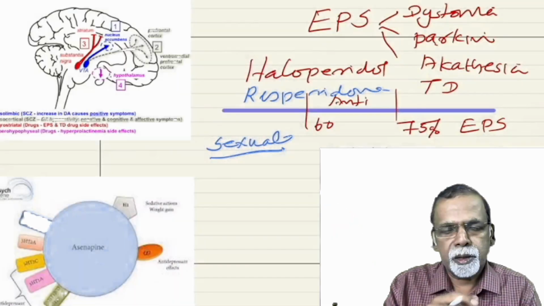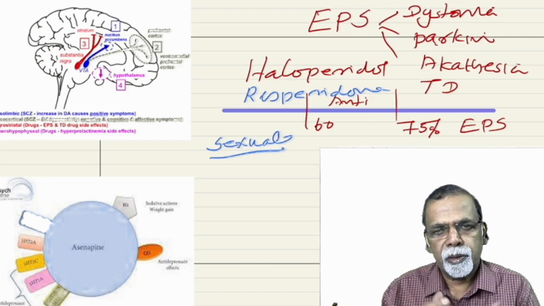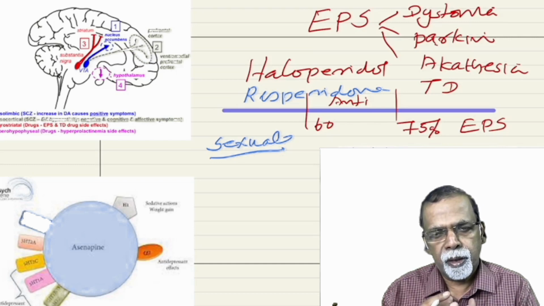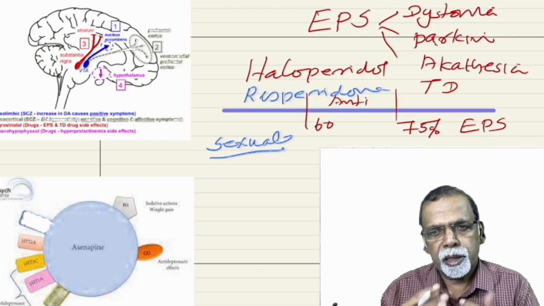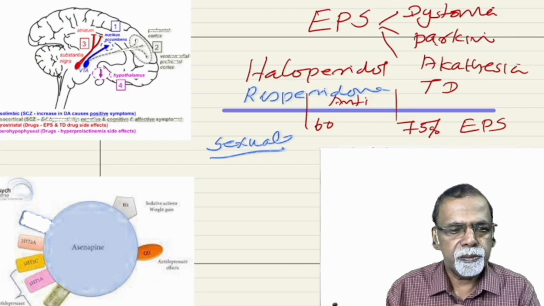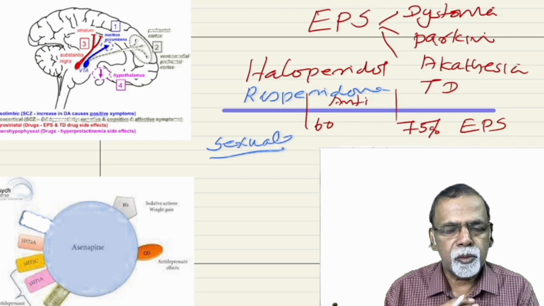Here, dopamine acts as a blocker for the release of prolactin. So when the dopamine receptors are blocked, there is excessive secretion of prolactin, hyperprolactinemia. This can lead on to gynecomastia in males. Patients can have decreased libido, and amenorrhea and galactorrhea in females. So this is caused due to the tuberoinfundibular pathway blockage.